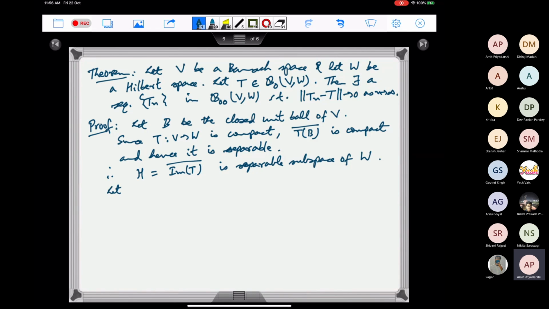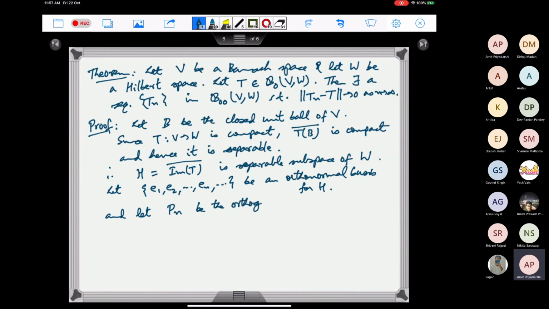So let E1, E2, and so on be an orthonormal basis for H, and let Pn be the orthogonal projection of H onto the span of E1, E2 up to En.